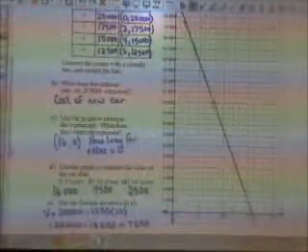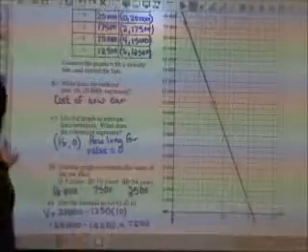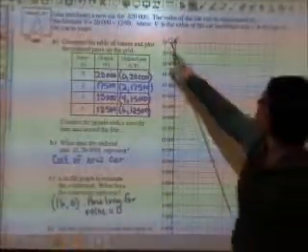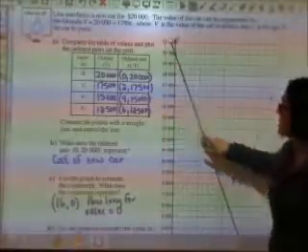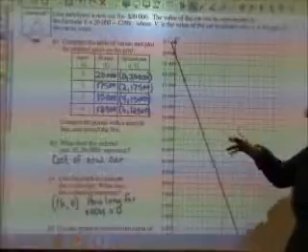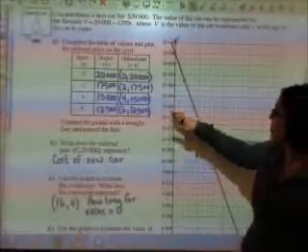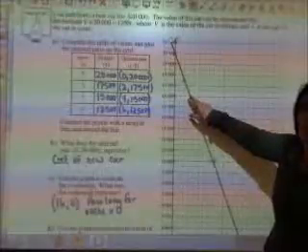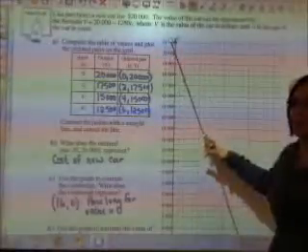Then we have the second part, when we were asked to find values within this information. When I'm asked to find points that lie between the ones I was given, like the value of the car after 3 years, or how long would it take for the car to get to $16,000, that's called interpolation.